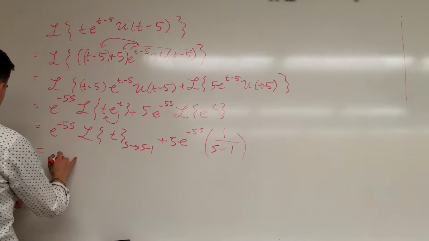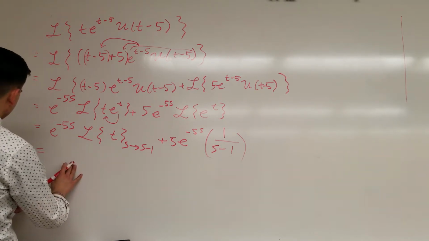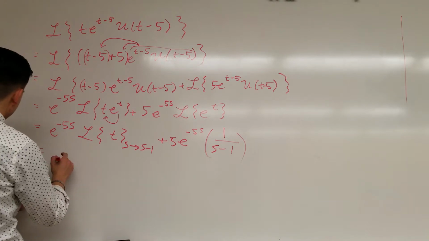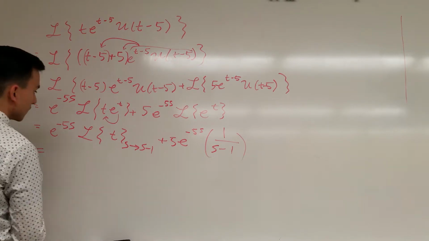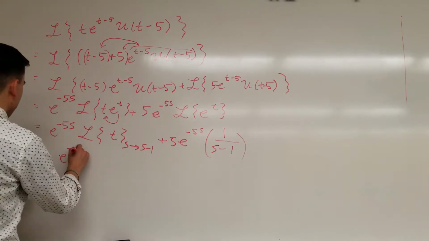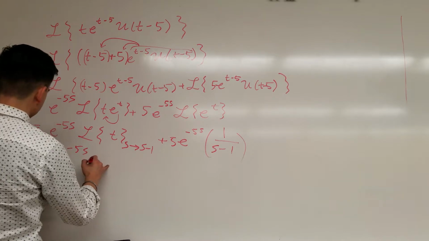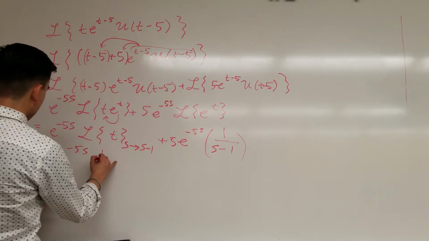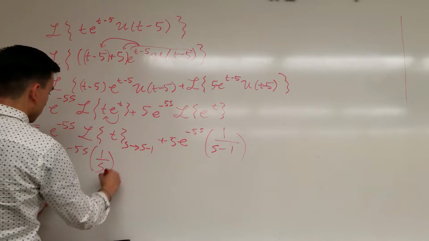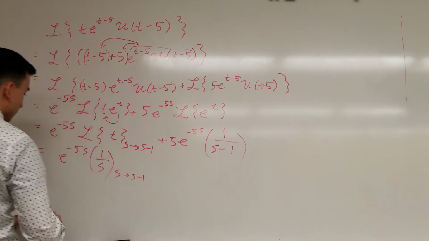So that's going to be, let's see, that's cubed. Yep. So e to the negative 5s. That's 1 over s. S will go from s to s minus 1. Great.